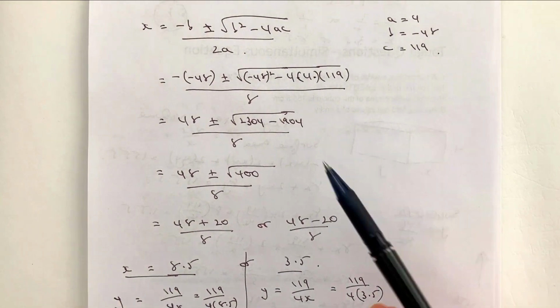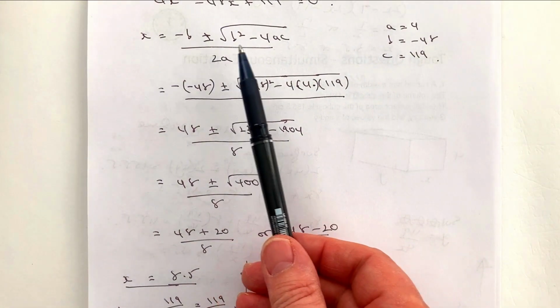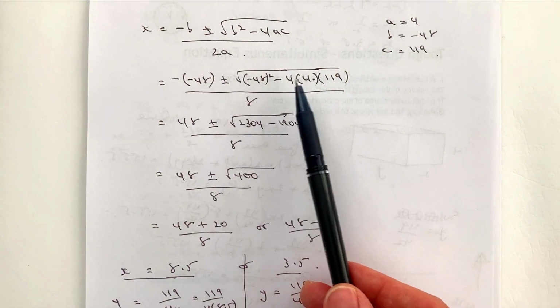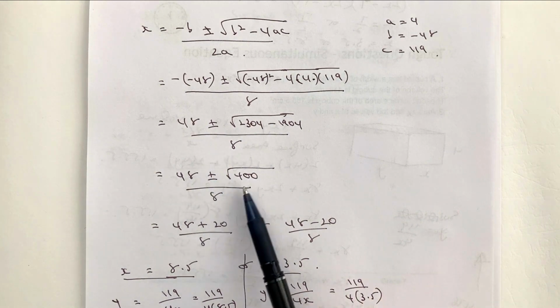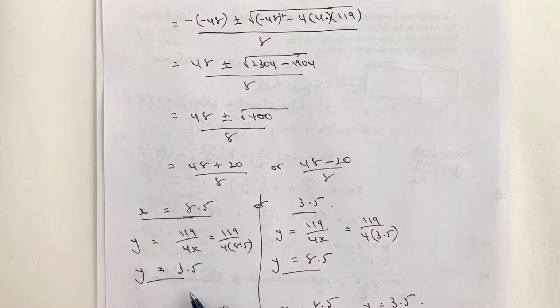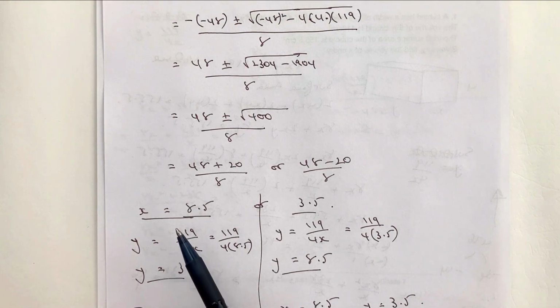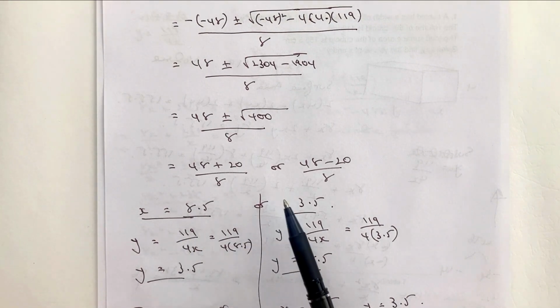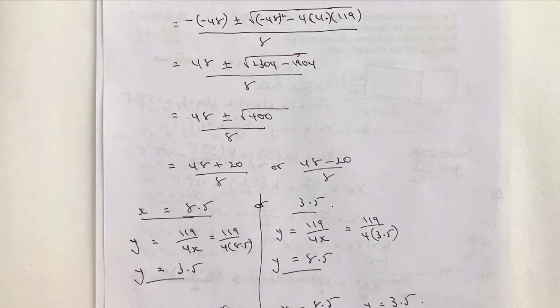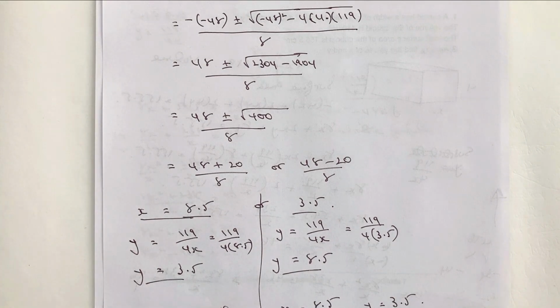You can see here I used x equals minus b plus or minus the square root of b squared minus 4ac, all over 2a. I plugged in these numbers, and what I ended up with is a very neat value of x of 8.5 and y of 3.5 when I substituted it in, or the other value of x was 3.5, and again I substituted it in and got 8.5. So there's no harm at all in using the quadratic formula. Please go ahead and use that.